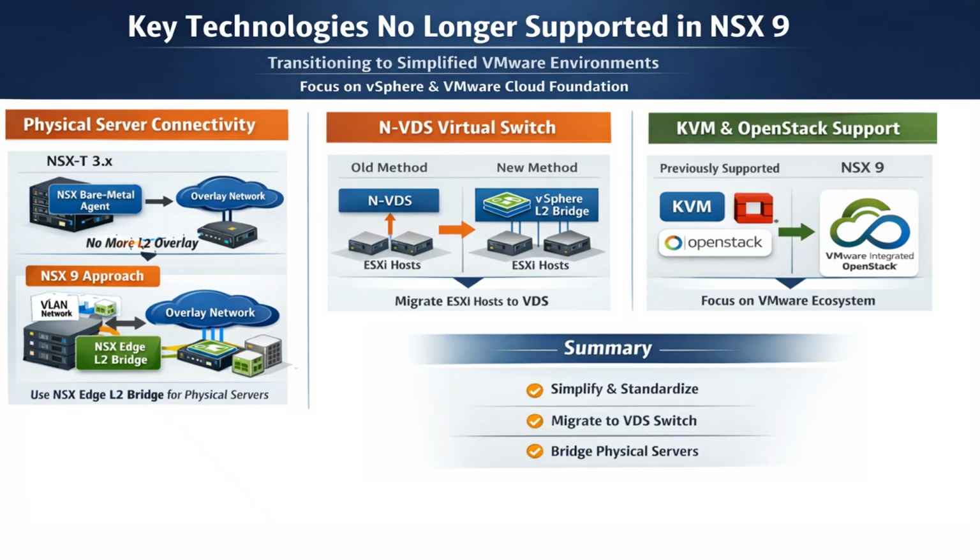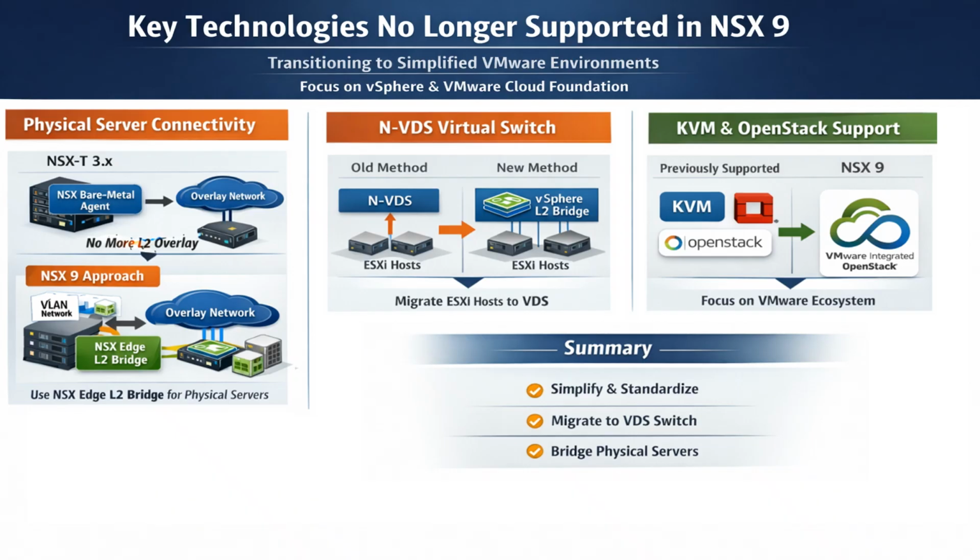So to summarize, NSX 9 focuses on simplifying the platform and optimizing it for VMware environments. Features that supported multiple platforms or complex integration have been completely removed, which includes the physical server agent for overlay networking, the N-VDS switch on ESXi, KVM hypervisor support, and the legacy NSX-V platform.